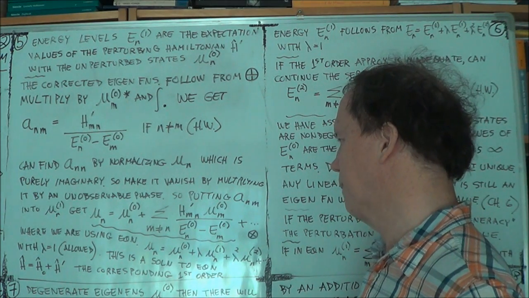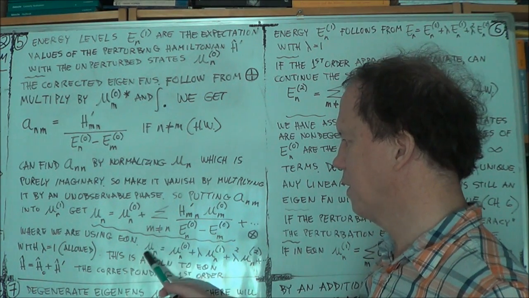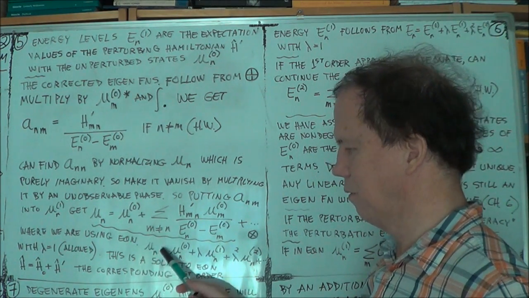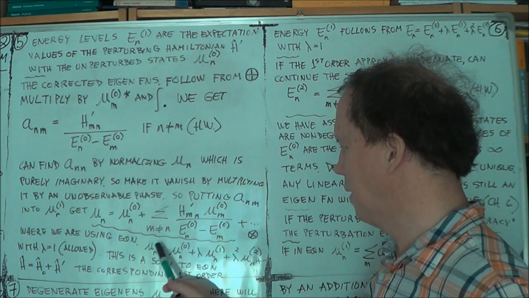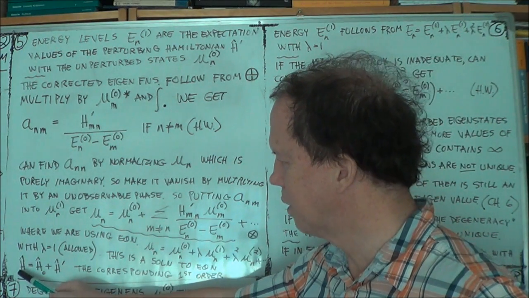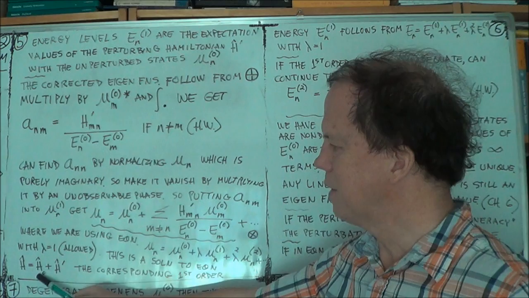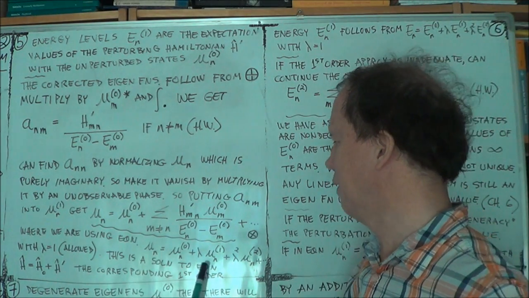Okay, so this eigenfunction here, these functions, because n of them, they are the eigenfunction solutions to the eigenequation with this Hamiltonian. So that's your basic Hamiltonian plus your perturbing Hamiltonian H dashed, right?